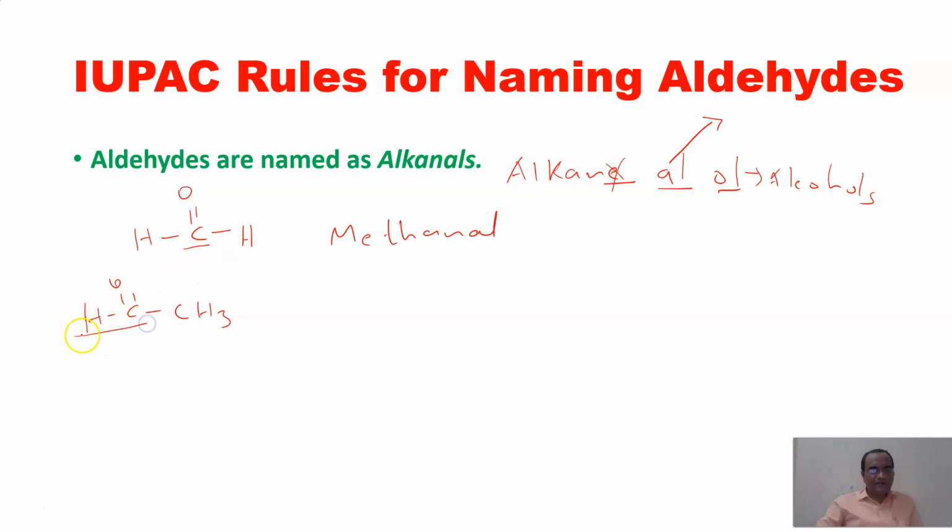Otherwise, it is having a hydrogen on one side at least. So the name of this compound is ethanal, as it contains two carbons. Now we'll see one more example in this class.